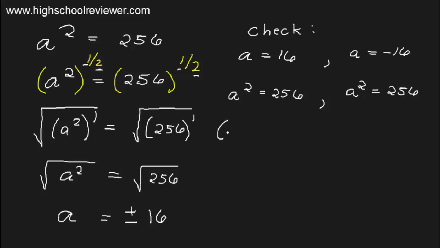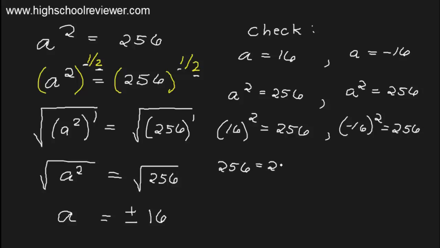So for positive 16, 16 raised to the power of 2 equals 256, and negative 16 raised to the power of 2 equals 256. So 16 raised to 2 is 256, and this is equal to 256. Negative 16 raised to the power of 2 will be positive 256, equals positive 256. So therefore, our two answers are correct.